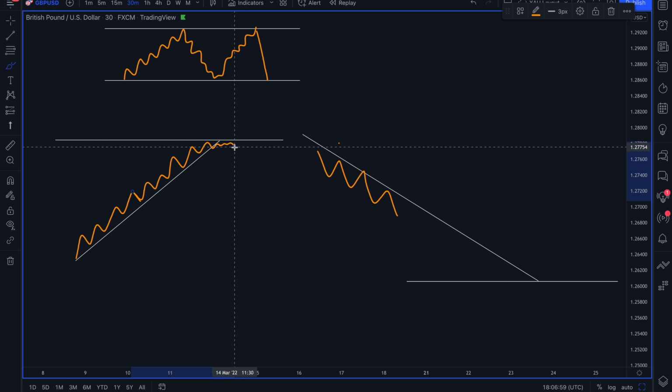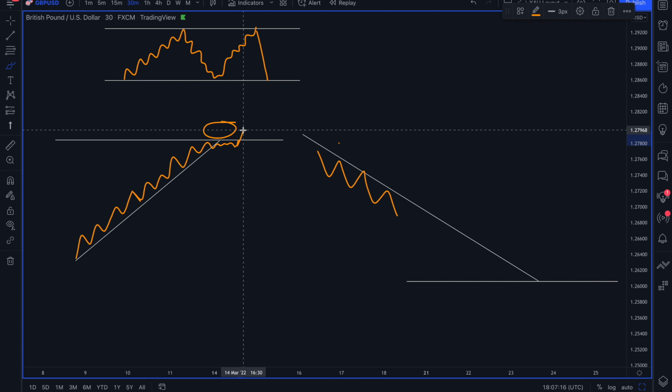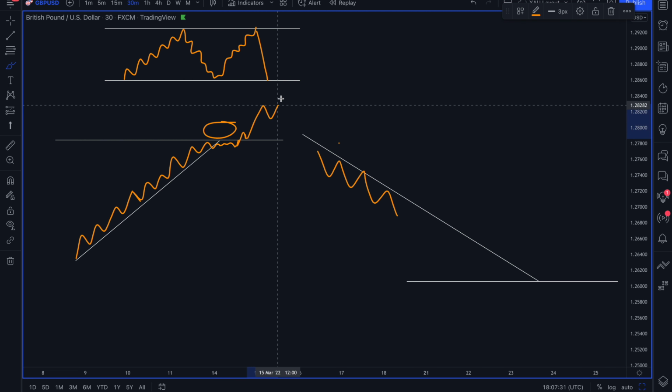And eventually, the demand, those buy orders being put into the market, is going to outweigh the supply that is waiting above this level of resistance. So when price breaks through, it shouldn't produce a failed breakout. We can expect price to come up, come back down and retest, and then go on to set bullish structure.